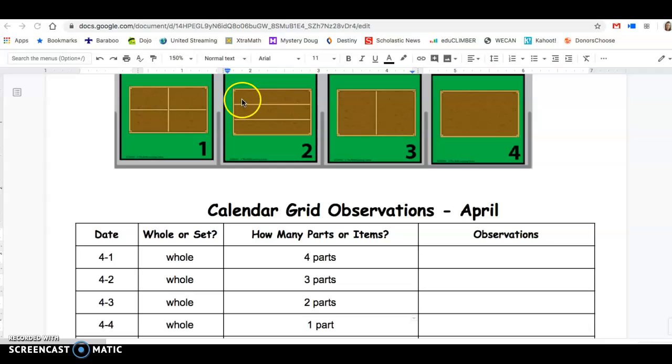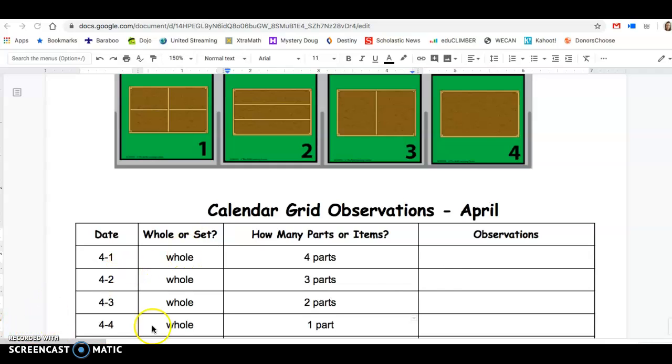So each part is a third. Look at calendar card number 3. We have 2 parts that it is split into, the garden bed. 2 parts means that each part is 1/2. So these are halves. And in calendar marker number 4, you'll notice that there is 1 big part, or it is 1 whole.